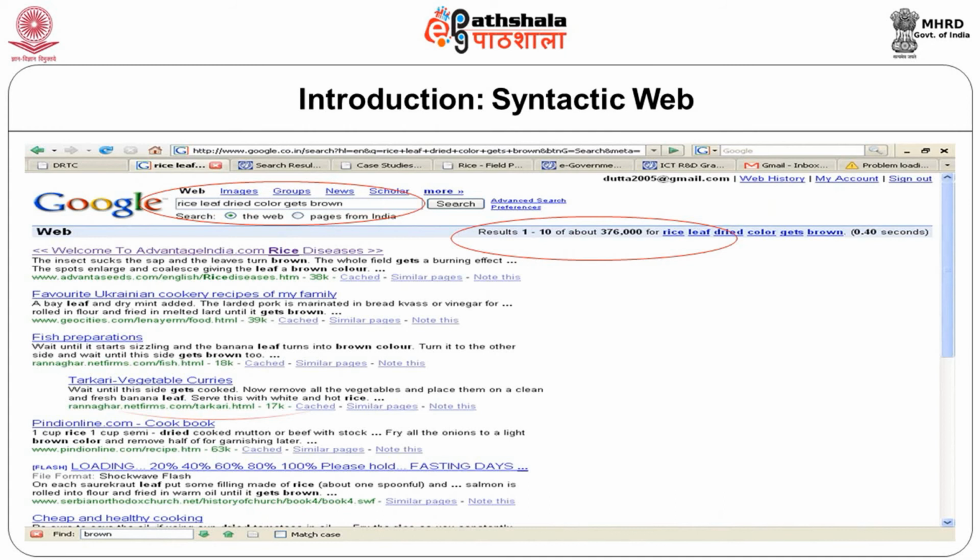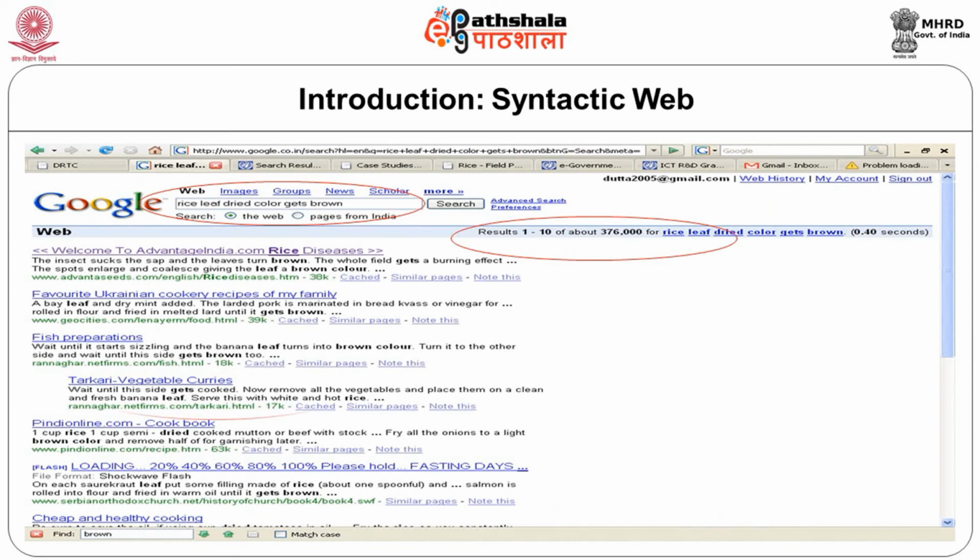The second thing is, as you can see from this figure, there are a lot of hits, and some are encircled. We received some results which have nothing to do with rice, except the first one, which is rice, but again not really relevant. The second one is related to favorite Ukrainian cookery recipes of my family, which is completely different.